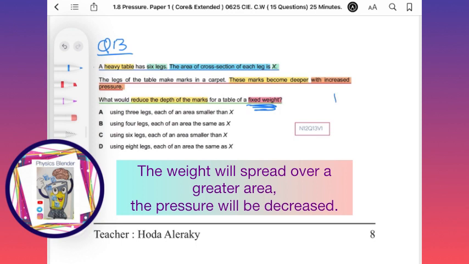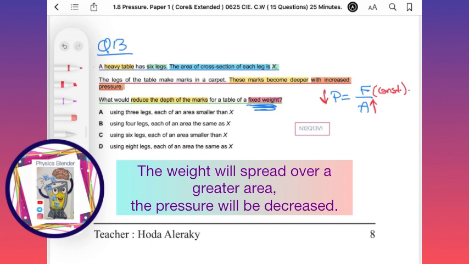Back to our equation, pressure is equal to force divided by area. Here the force represents the weight of the table, which is constant. So we are trying to reduce the depth of the marks, meaning reducing pressure. By reducing pressure, we have to increase contact area, base area.